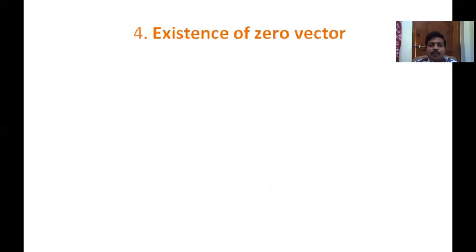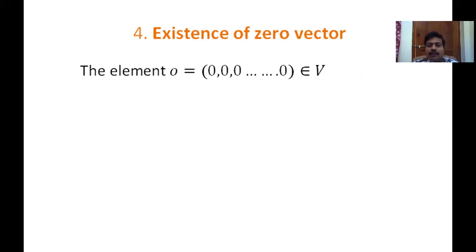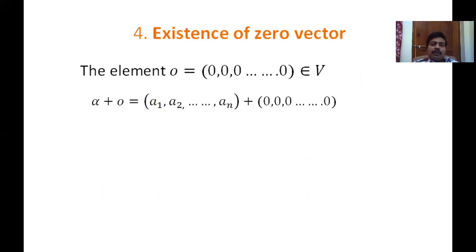Now the fourth problem, existence of zero vector. So we have to show that there will be a zero vector in V such that 0 plus alpha is alpha. So the element O is taken as all zeros. So all the components are zeros. Since all the zeros are real numbers, this element belongs to V, that is Rn.